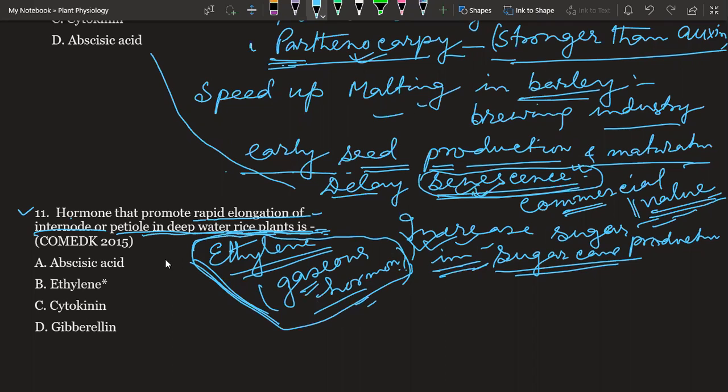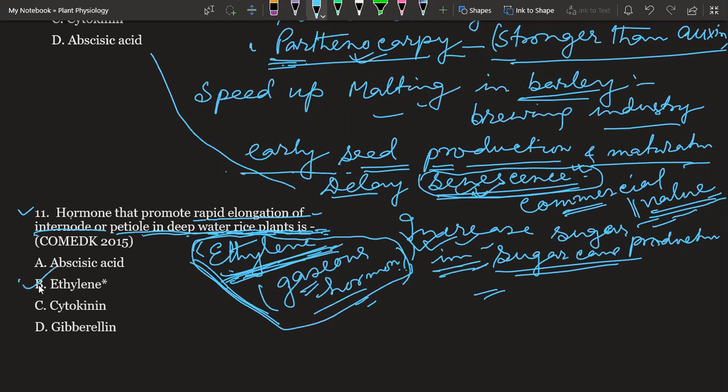In the deep water rice variety, the plant grows in water, but its flowers and leaves should be above the water level. There, ethylene can promote faster growth of the internode and petiole.